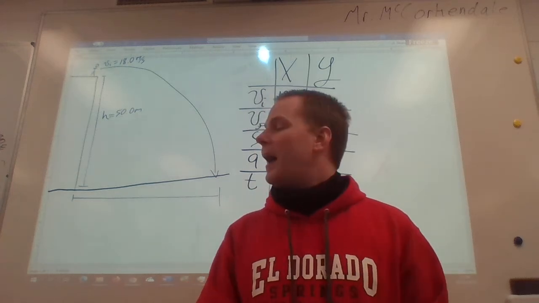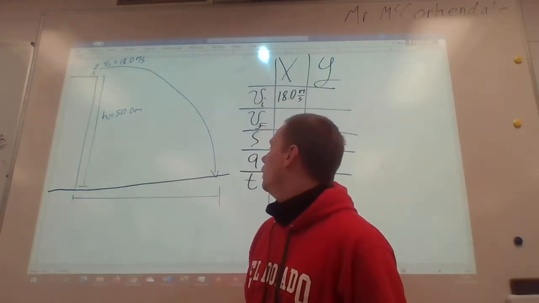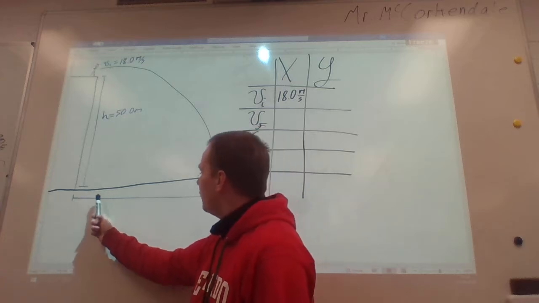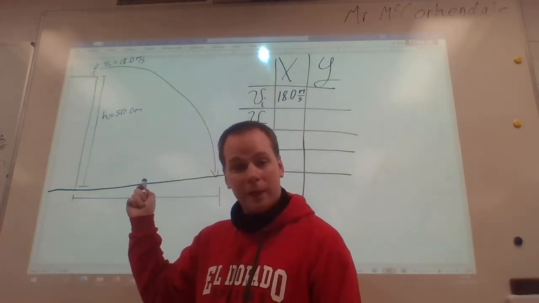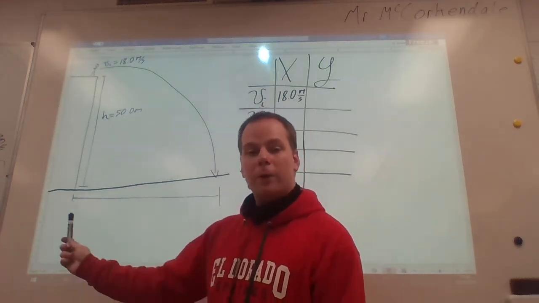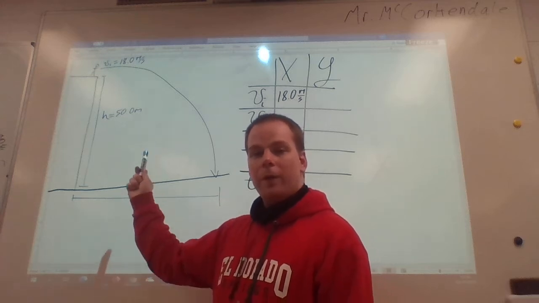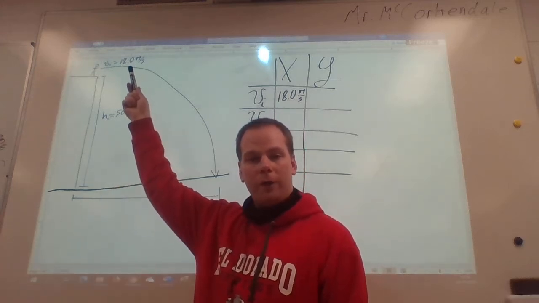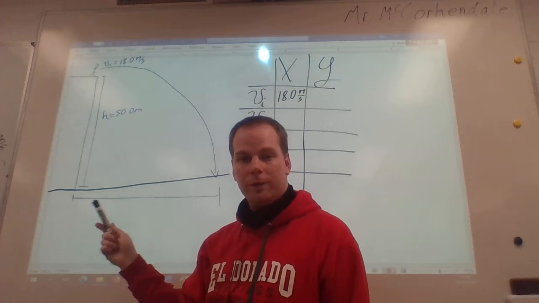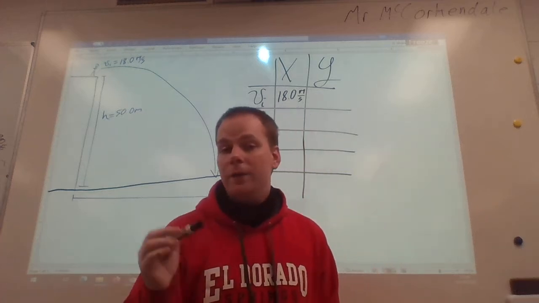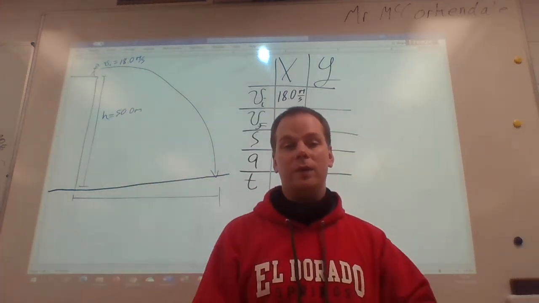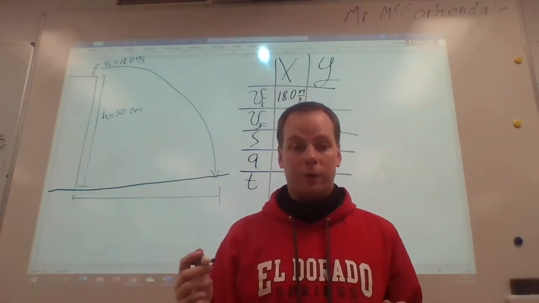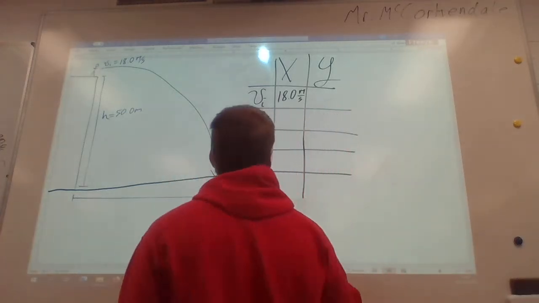And then we also have the height of the cliff, which, according to the problem, is horizontal, not sloped like it is in my crappy picture, but horizontal. The rock is going to fall then 50 meters. So that is a displacement, a distance. That is the vertical distance that has to be traveled.